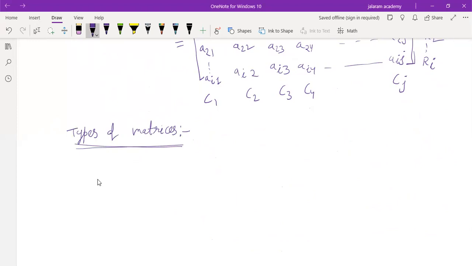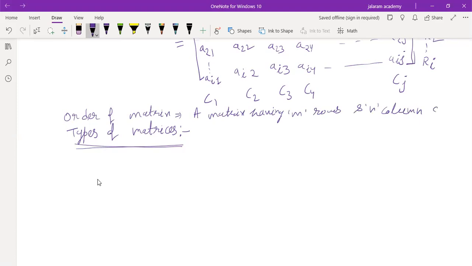If you have understood the meaning of order of a matrix: order of matrix means what? A matrix having m rows and n columns is said to have order m cross n.